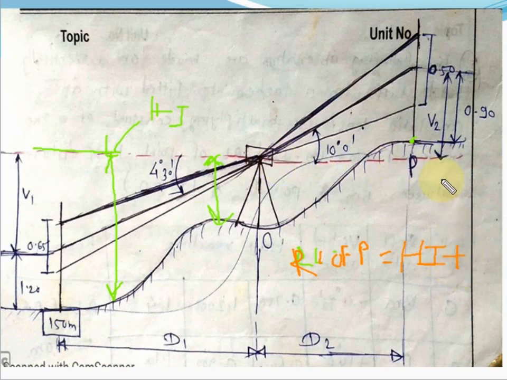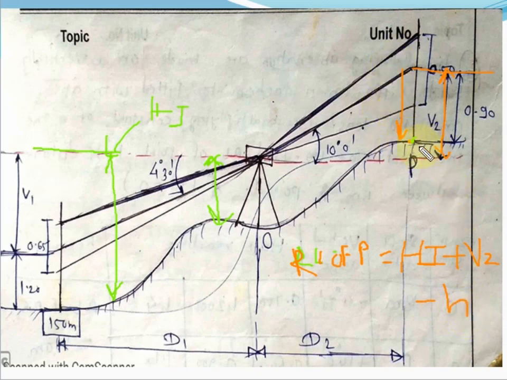From the height of the instrument, you reach this point, plus V2. So plus V2 from this height of the instrument axis, and then minus H, you reach this point. So plus V2 minus H, you reach this point.